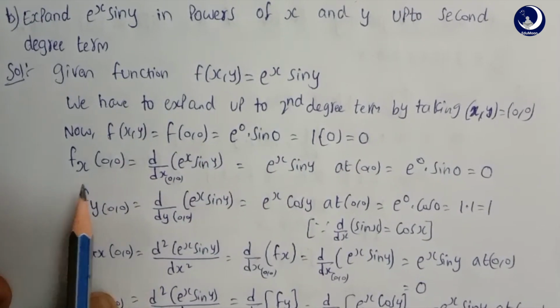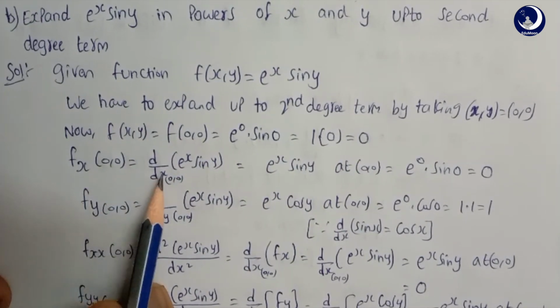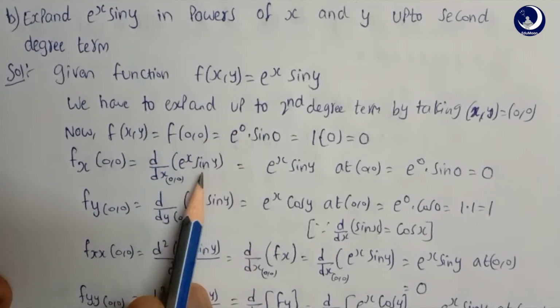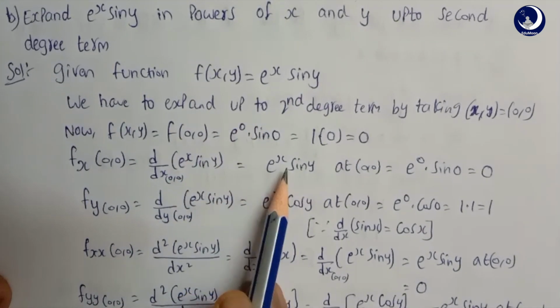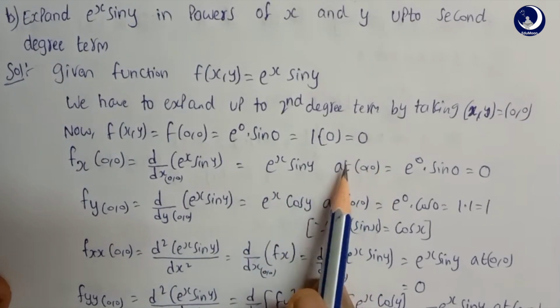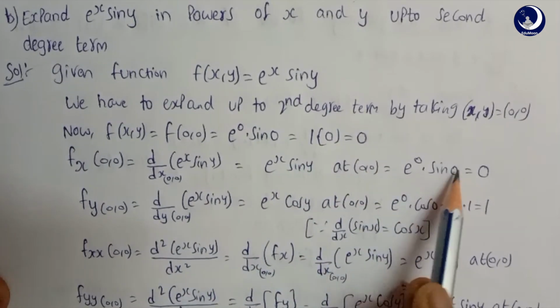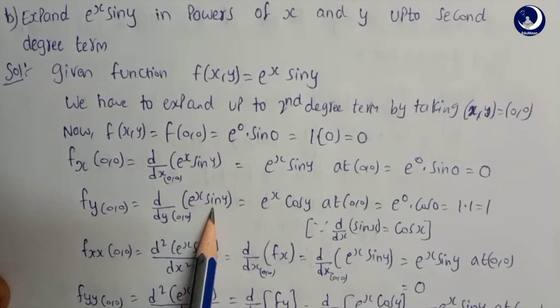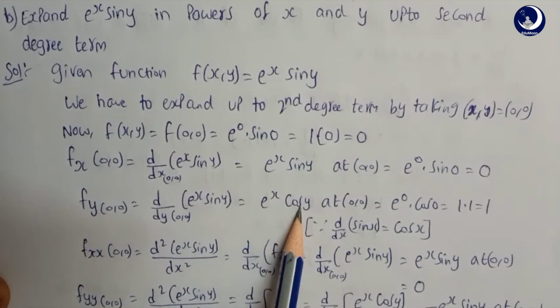Next we find fx, that means d by dx of e power x sin y. By solving this we get e power x sin y, which at (0, 0) is 0. And fy: by solving this we get e power x cos y.